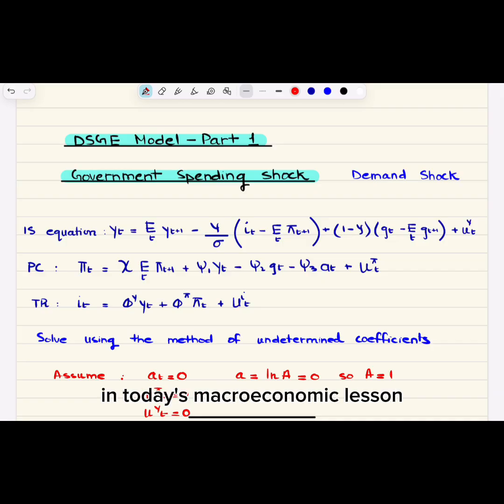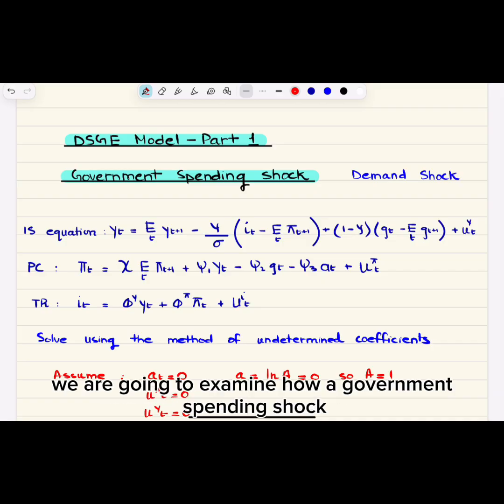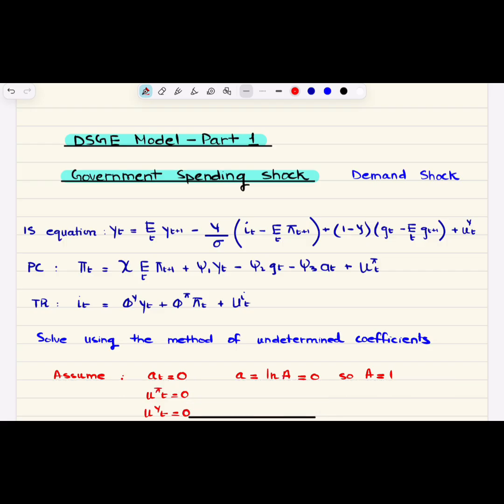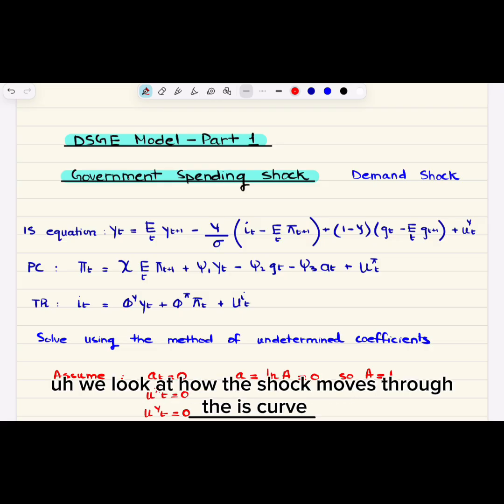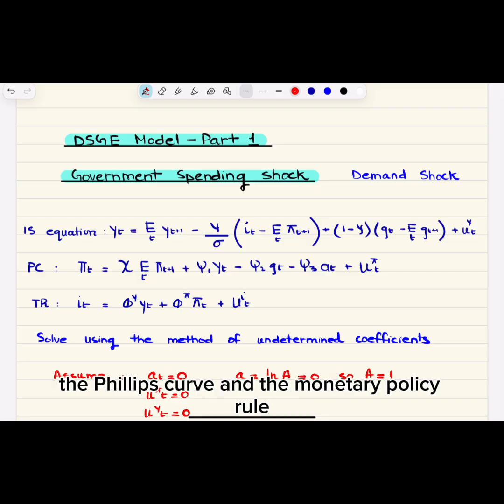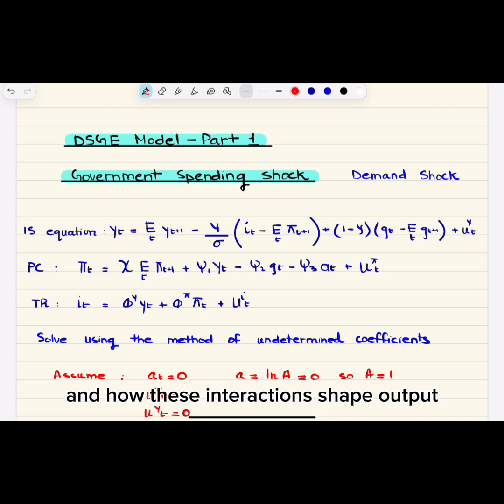In today's macroeconomic lesson, we're going to examine how a government spending shock works inside the three equation new Keynesian DSGE model. We look at how the shock moves through the IS curve, the Phillips curve, and the monetary policy rule, and how these interactions shape output, inflation, and interest rate over time.